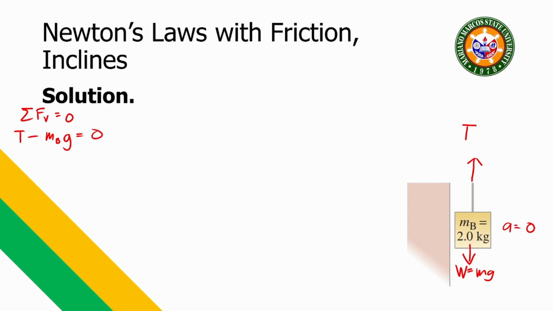Meaning, if we transpose this, our tension T will be equal to mB multiplied by gravity. The mass of B is 2.0 multiplied by gravity, which is 9.81 meter per second square. So, the tension on the wire will be equal to 19.62 newtons.